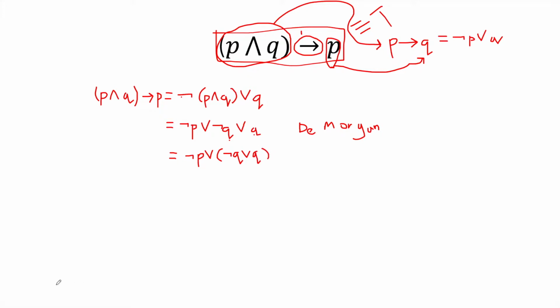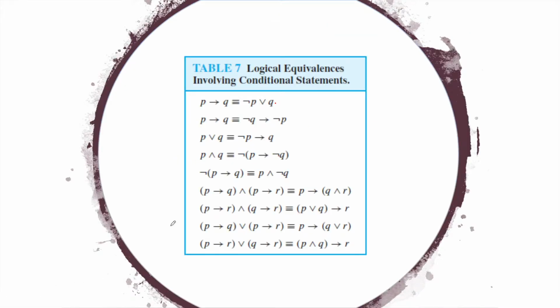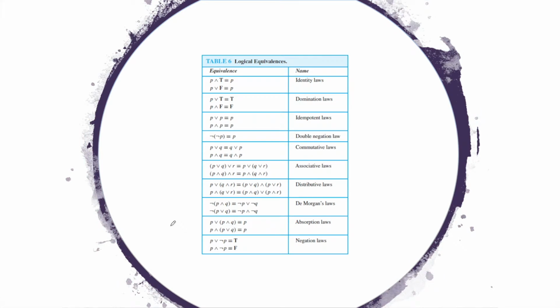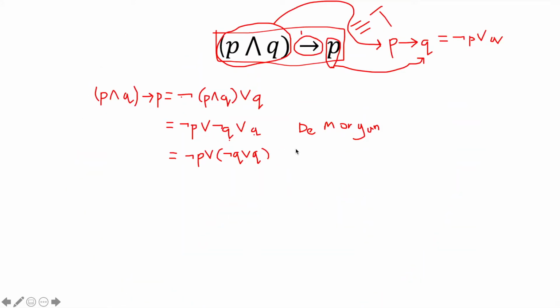Alright, and then by using negation law, which shows here P or negation P is true, this will give you negation P or true.